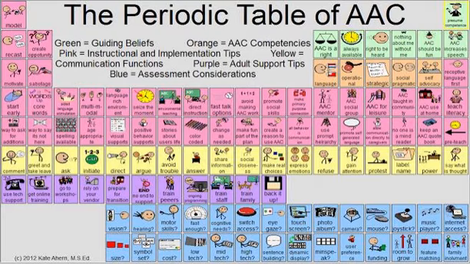So if you only use the speech generating device, we may not see an increase in independent vocalizations anyway. Especially if a student has limited vocal imitation skills. So if they haven't demonstrated vocal imitation, it is less likely that they're going to emit independent vocalizations when using the speech generating device alone. Make sense?